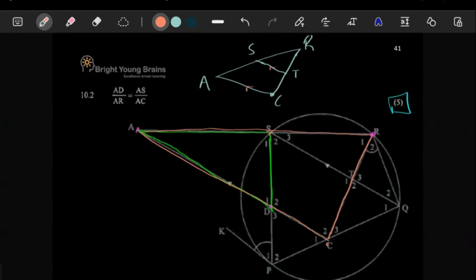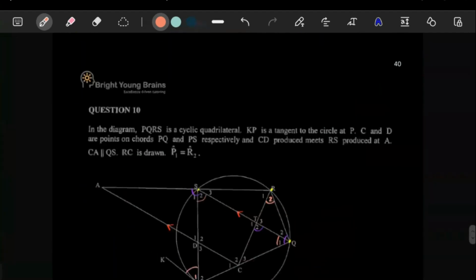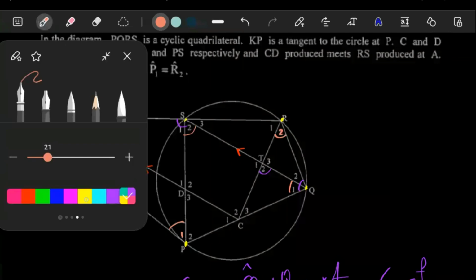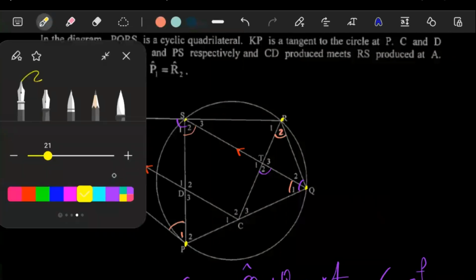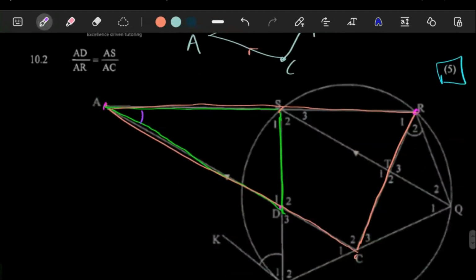So let's see what's going on here. I mean, one way or the other, we have a common angle, right? Let's see which angles we said are equal to each other. S1, we proved it to be equal to T2. Let's see if there's anything we can salvage. Because if we can prove that these are similar, okay, this is a common angle, fine.